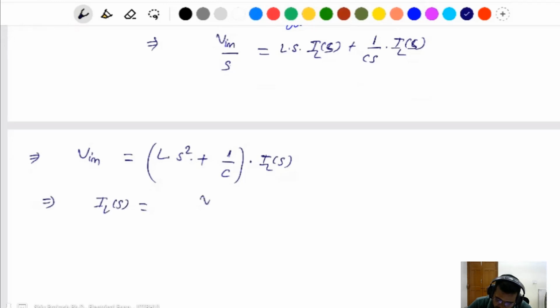IL is equal to V in divided by L into s square plus 1 by LC.